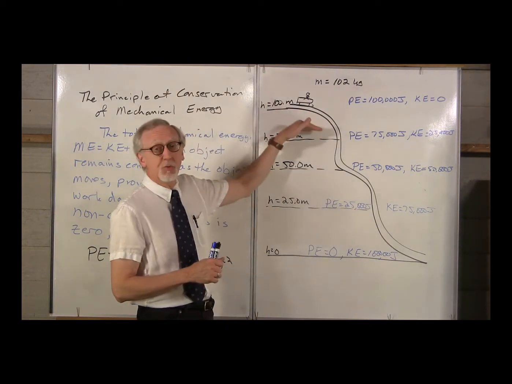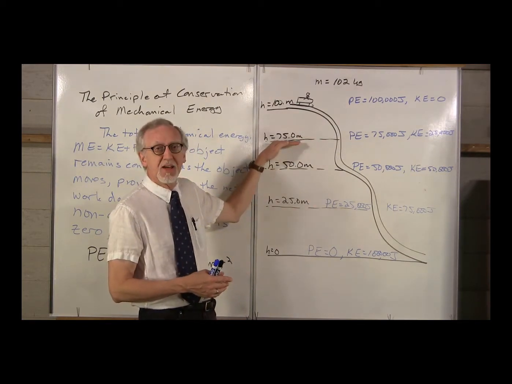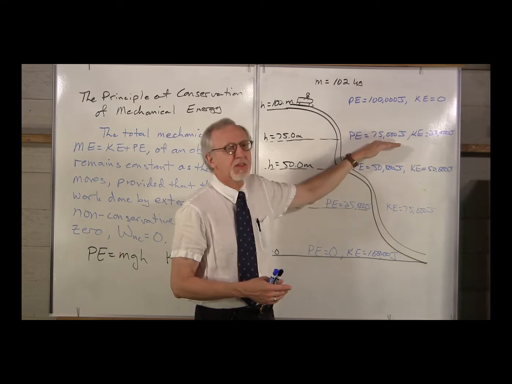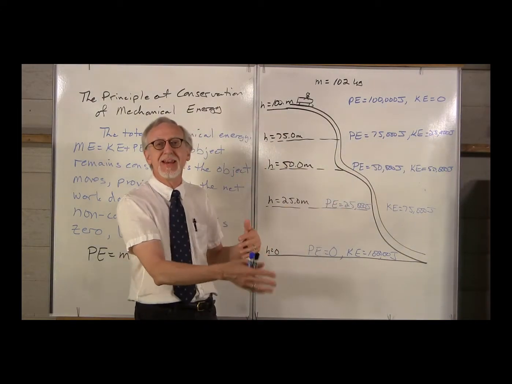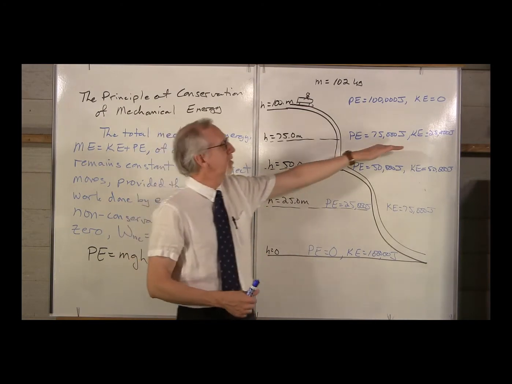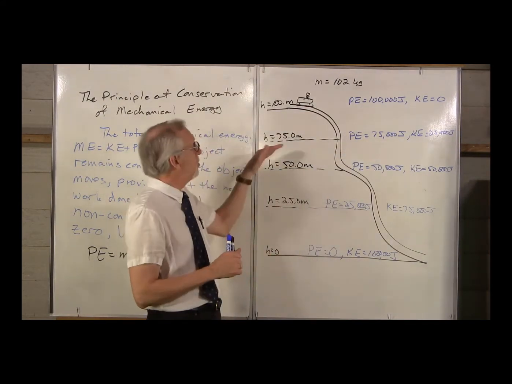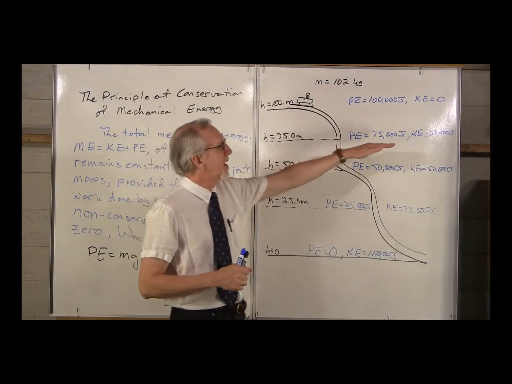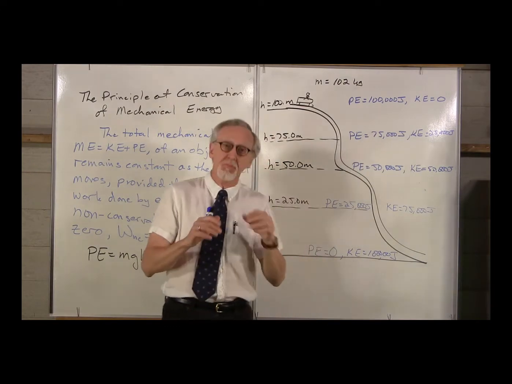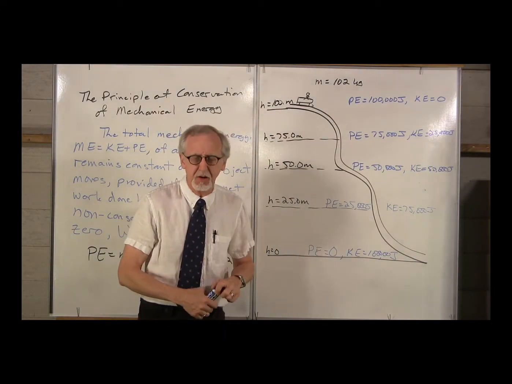However, as long as we know there's no work done by non-conservative forces, as long as we know what the height is, we can figure out what the potential and kinetic energies are, and we could use the kinetic energy to then figure out the final velocity. So, using the conservation of mechanical energy, we can easily figure out what our final velocity is, but using Newton's laws would be a very, very difficult problem.